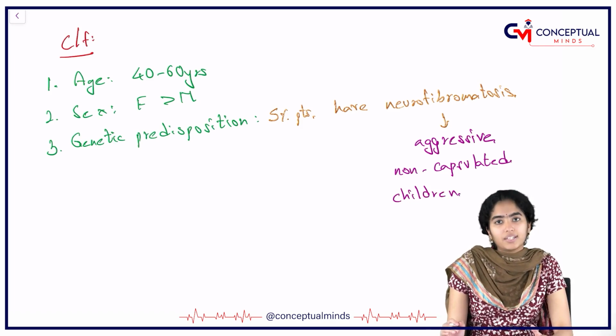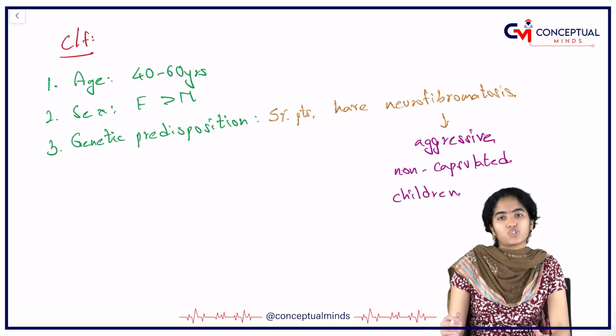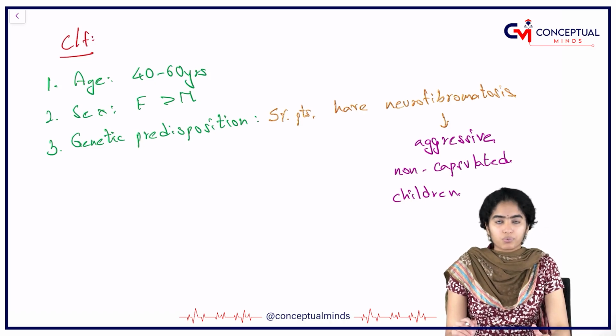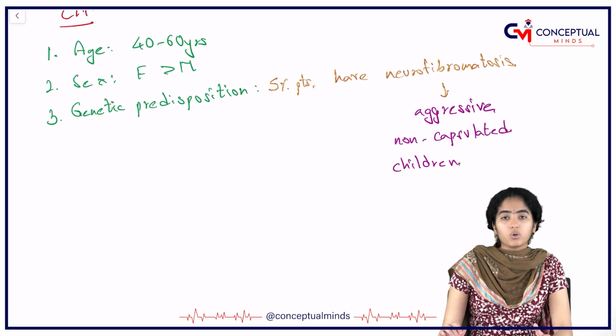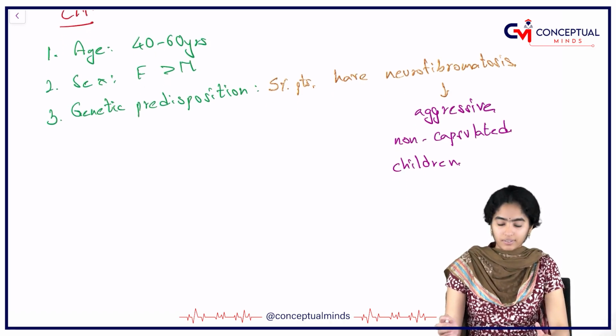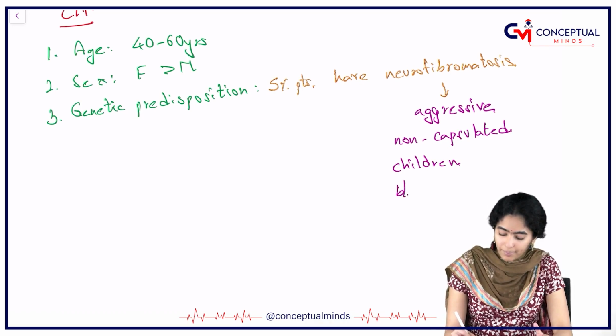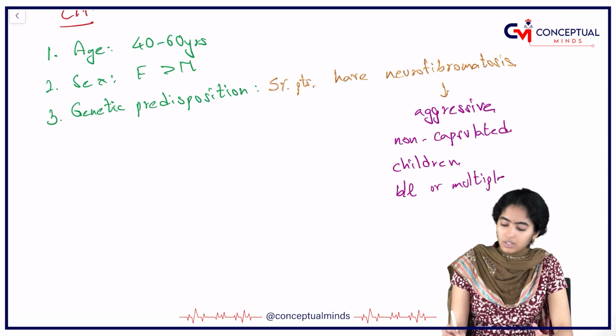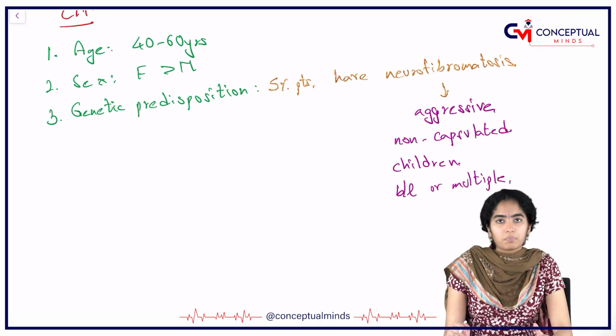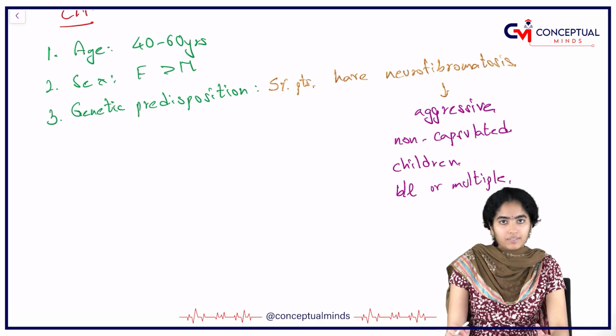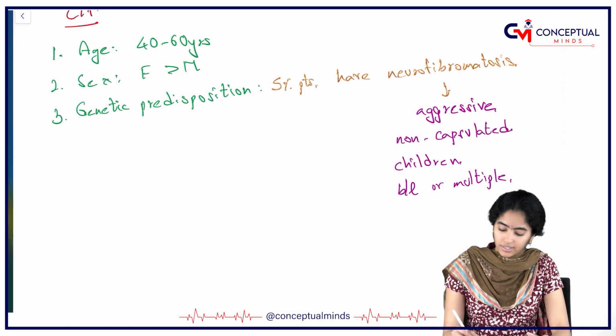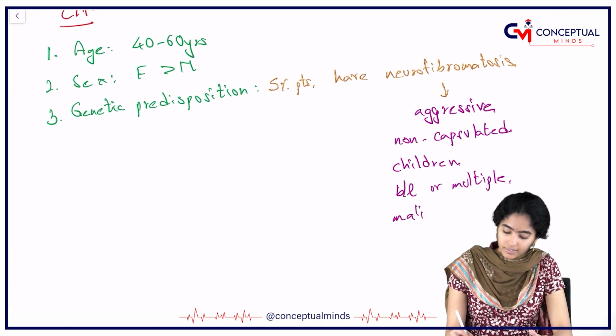If you see a child with acoustic neuroma, they usually have neurofibromatosis also. And although acoustic neuroma is usually unilateral, it could be bilateral or even multiple lesions are possible in these neurofibromatosis patients. And very rarely it can turn malignant in this group.